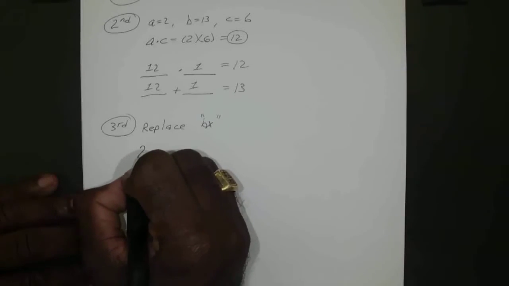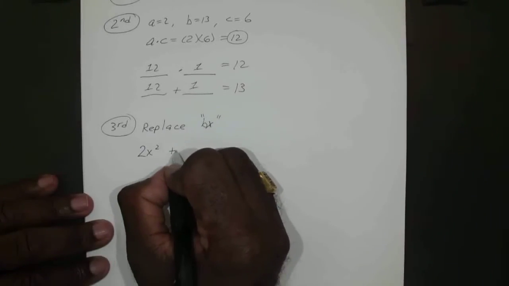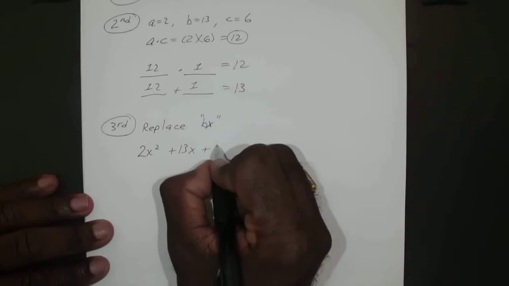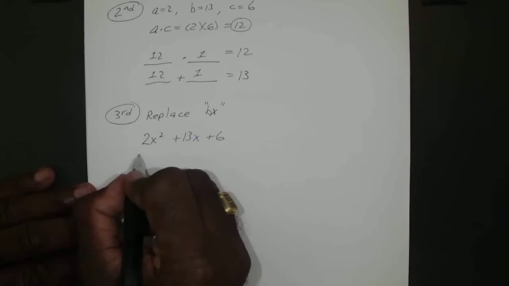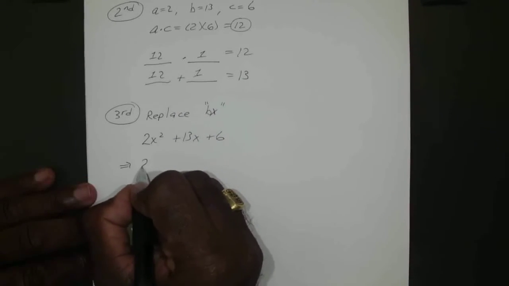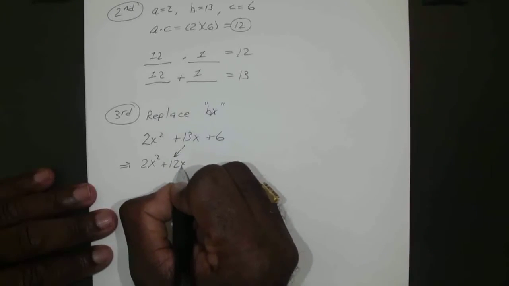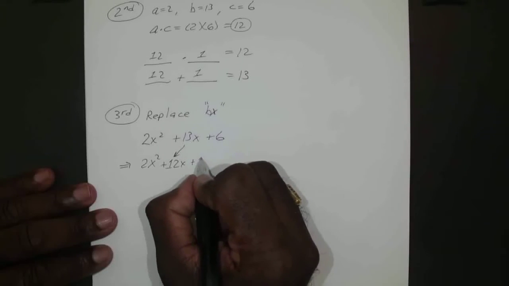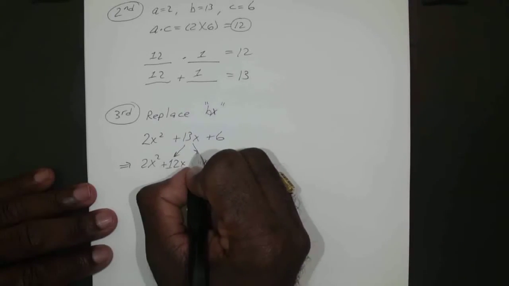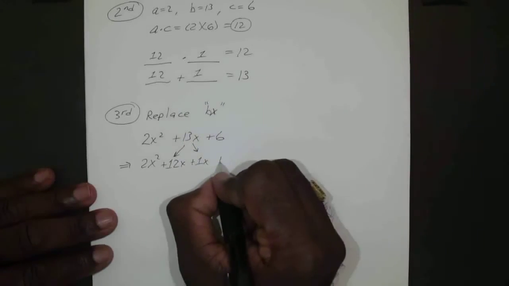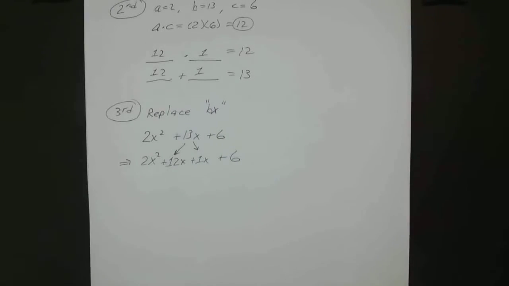Okay, so that means 2x squared plus 13x plus 6 will become 2x squared plus 12x plus 1x plus 6. Okay. Then from there, it's just factor by grouping.